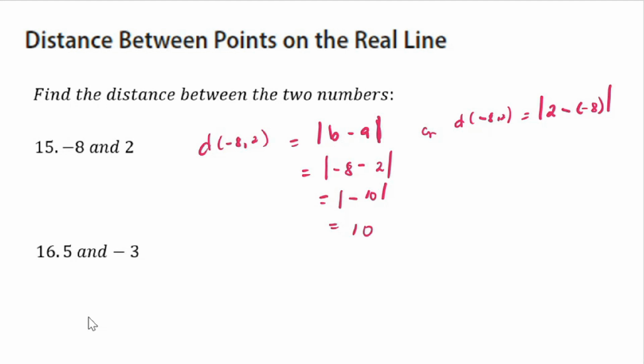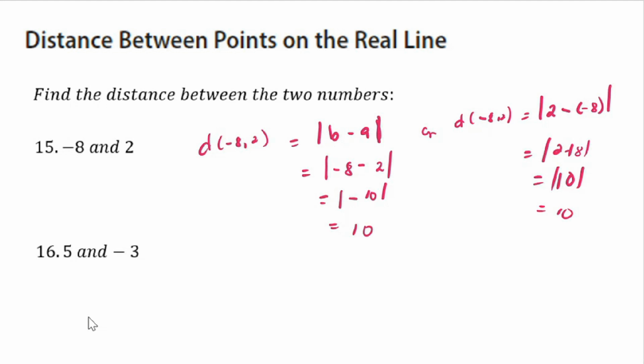I'm applying the commutative property from this position of negative 8 and 2, and the other solution will start with 2 minus negative 8. So we have 2, the negative of negative 8 is positive 8, therefore a total of the absolute value of 10, and the absolute value of 10 is just 10. So they are just the same.